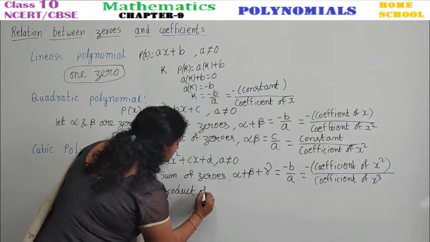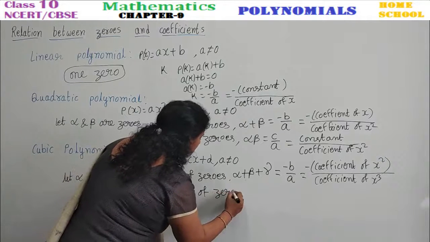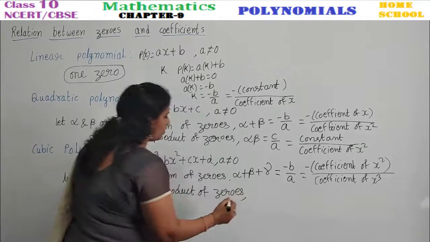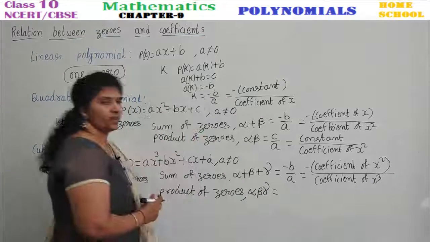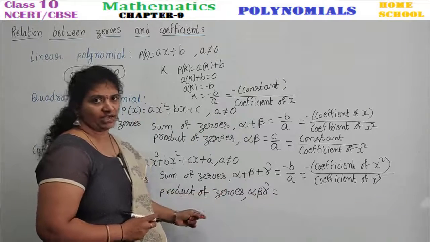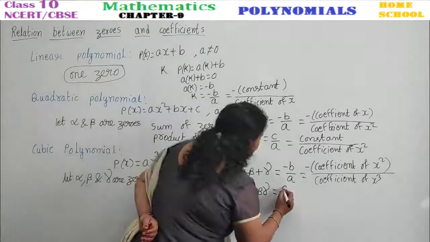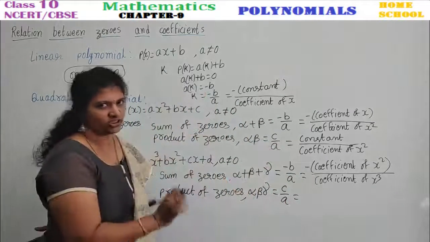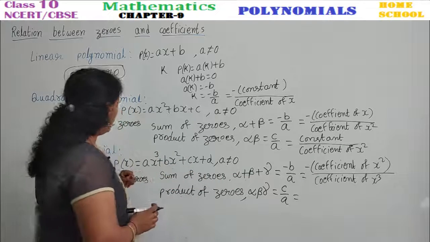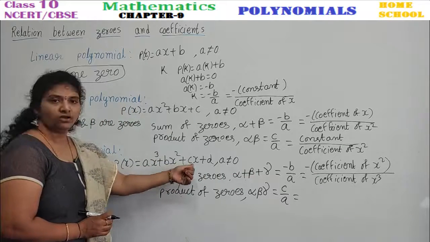We need to remember these all relations. Product of zeros means what? Alpha into beta into gamma. All three zeros we need to multiply. What will it be? c by a. Both will be the same, just remember there is a small change. Where is c here?